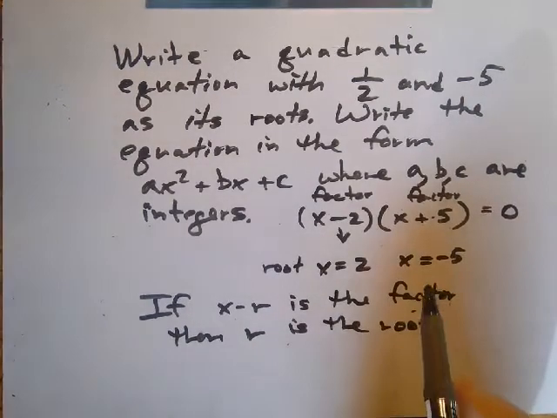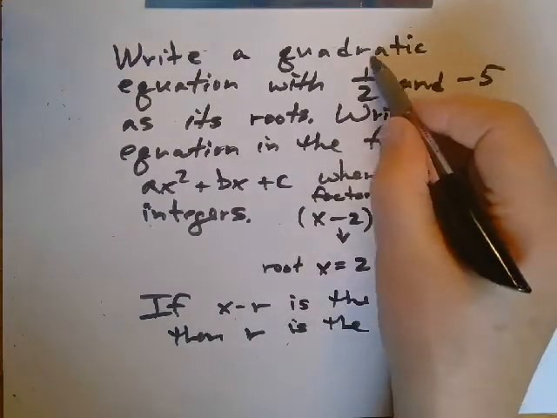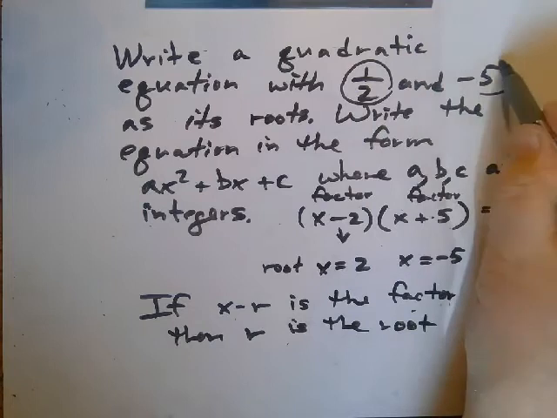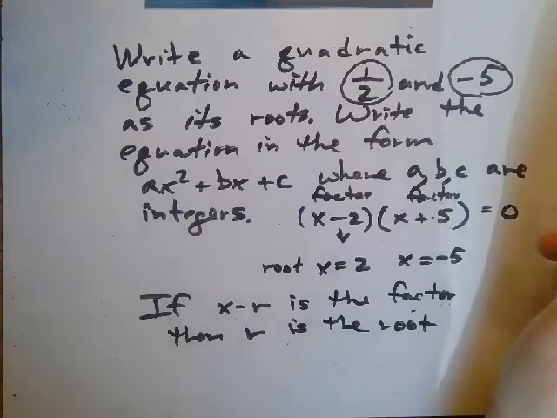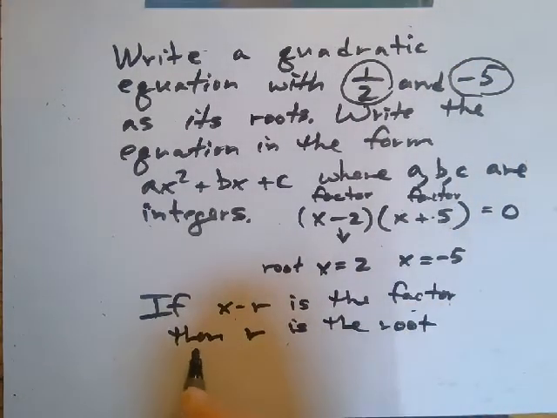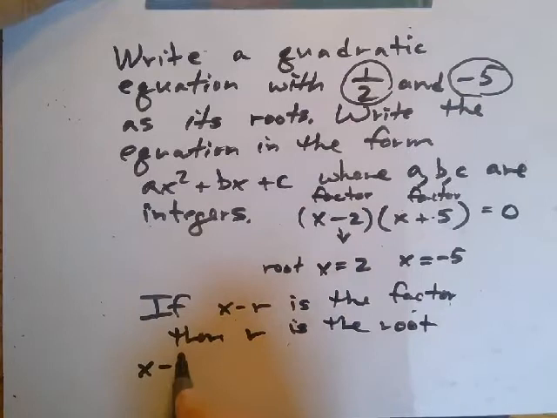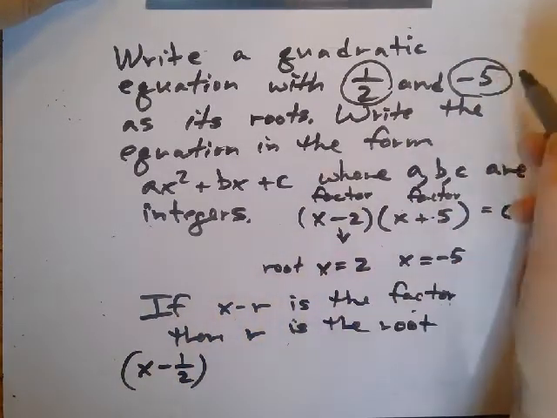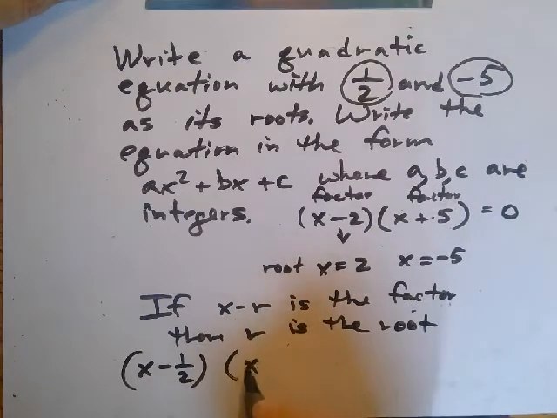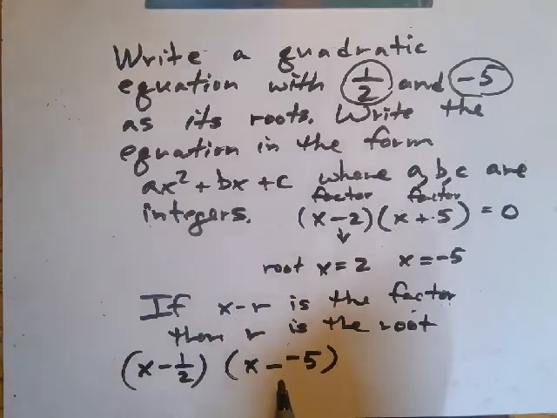Okay? So we're going to take this information. I'm going to take the number 1/2 and the number negative 5, and I'm going to go down here and say, okay, those are the roots. So x minus 1/2 has to be the factor. And x minus a negative 5 has to also be a factor.